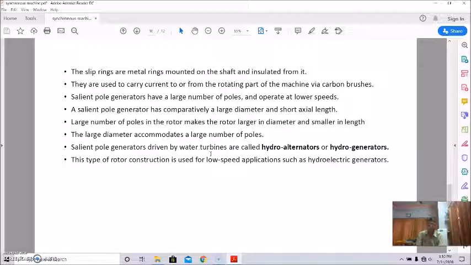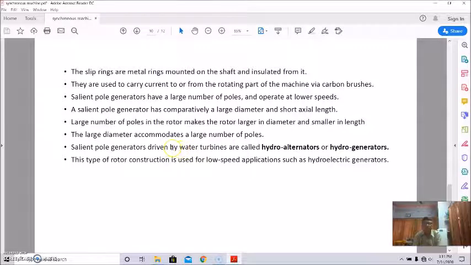Basically, due to the projected poles the mechanical speed is less, and to keep the speed low the number of poles is increased. Synchronous speed is 120f by P, so since the supply frequency is constant for a particular supply system, if the number of poles is increased the synchronous speed will decrease.